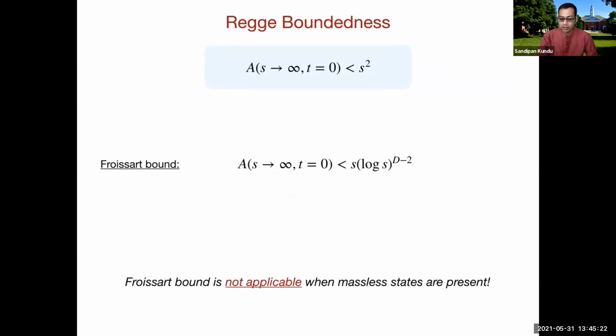So the validity of the Regge boundedness condition in general is not very clear. And this is kind of annoying in the sense that some of the effective field theories that one would like to constrain are effective field theories of massless Nambu-Goldstone bosons. In that case it's not completely clear if the Regge boundedness condition is applicable.